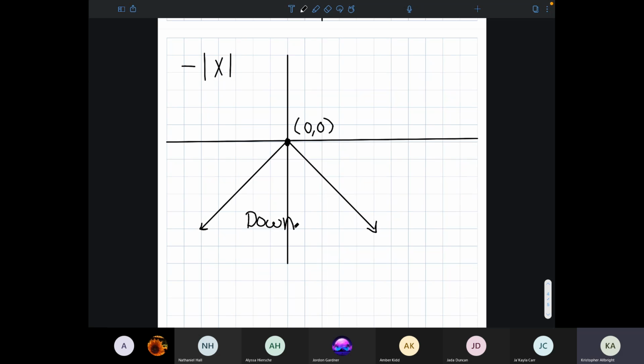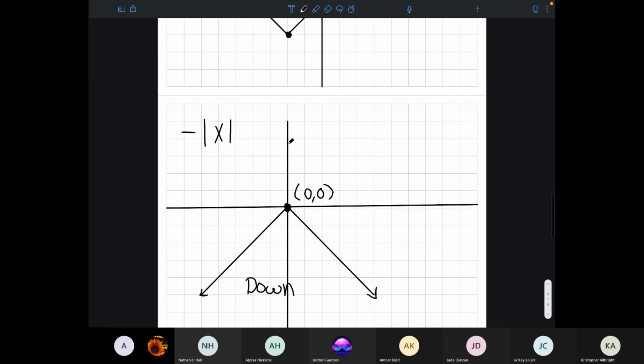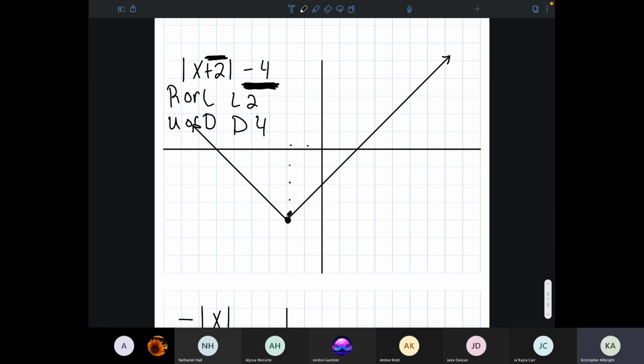I feel like that's pretty self-explanatory. And then if we're looking for maximum or minimum, this is going to be the maximum point of the graph. It's as high as it will go. Whereas if it's the other way, if it looks like this, then this is the minimum point of the graph. So it's just if the vertex is on top or on bottom.